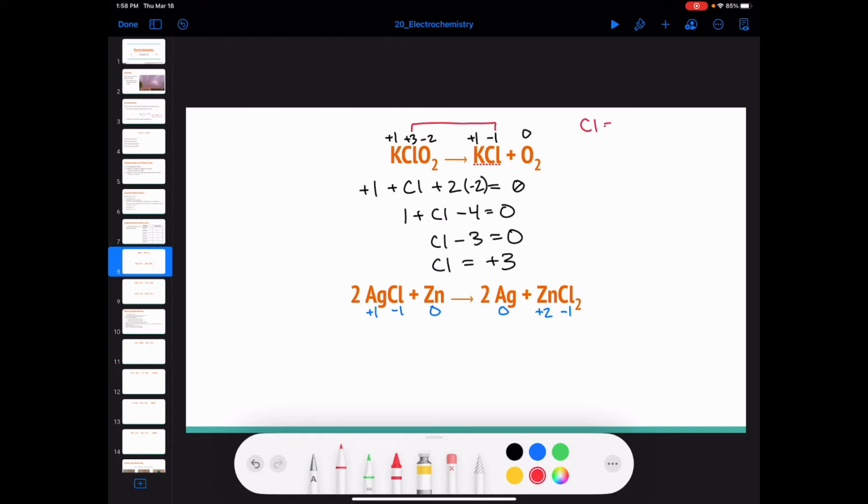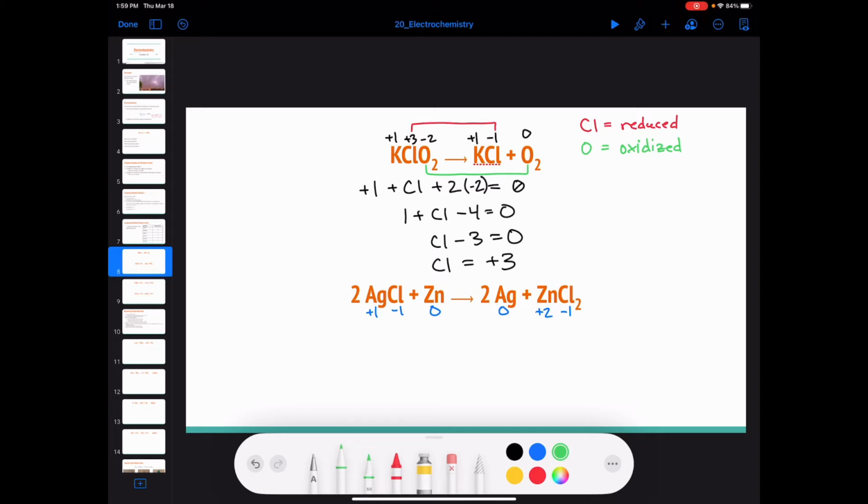So chlorine is being reduced in this case. Okay. What about oxygen? Well, oxygen went from a -2 up to a 0, right? So you can see how you went from a negative up to a 0. So in that case, oxygen is being oxidized.